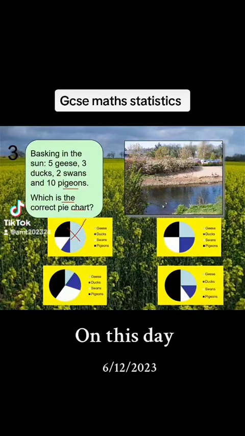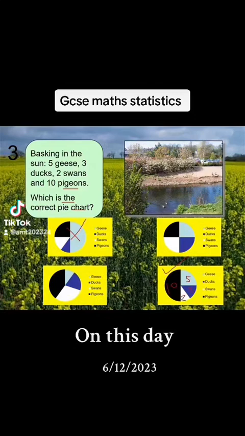So 10, 15, 18, 20, so it'll be this option here, without actually checking it. It's roughly going to be that, because a quarter of them will be geese, so 5 out of 20 is equal to a quarter. That represents 10, that represents 3, and that represents 2, and they all add up to 20.